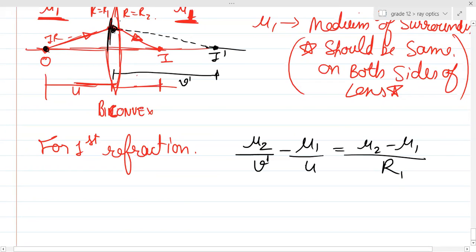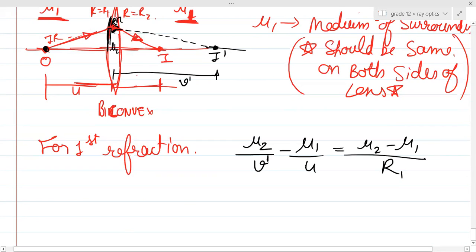Who asked the question? Ovia? You said, no sir, can't we take it like that? So can you see, it does not depend upon where the object is placed. Object or image can be in another medium only, no? But the refracted rays from this optical instrument are in the mu2 medium.